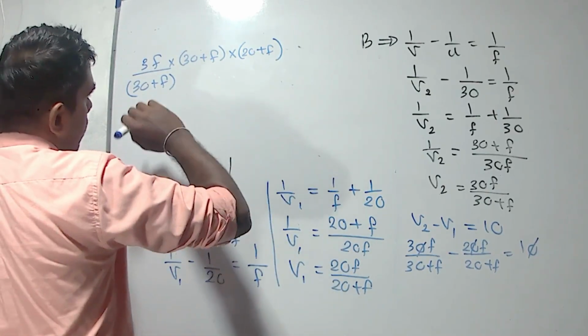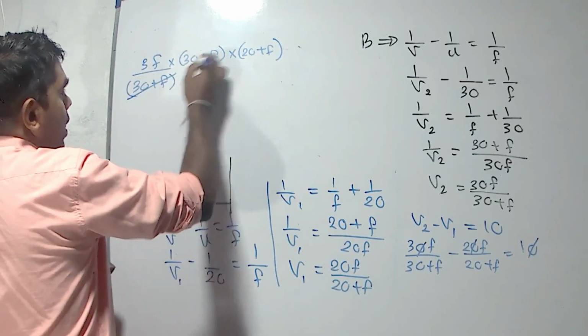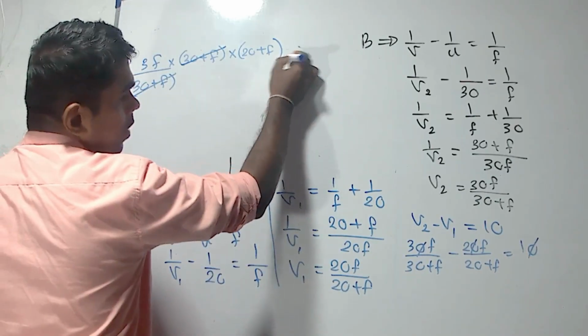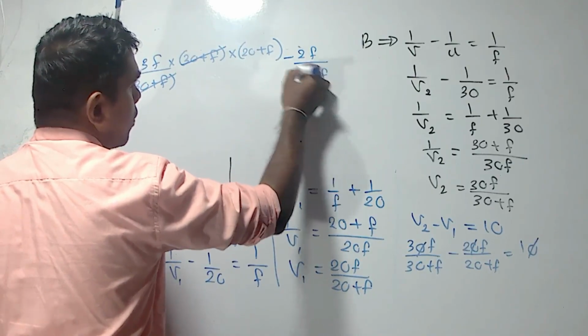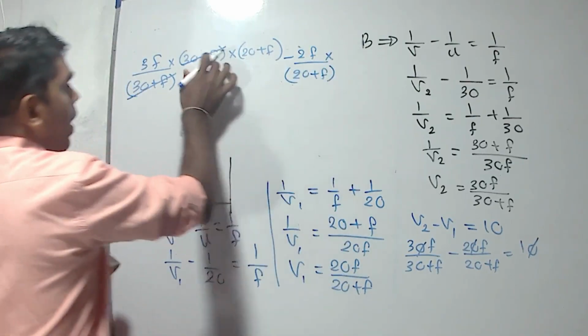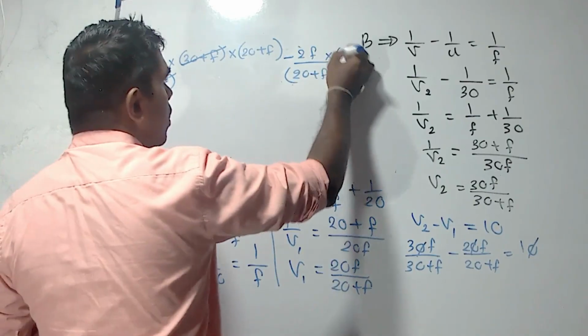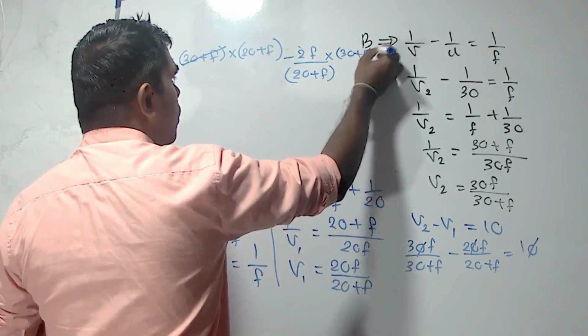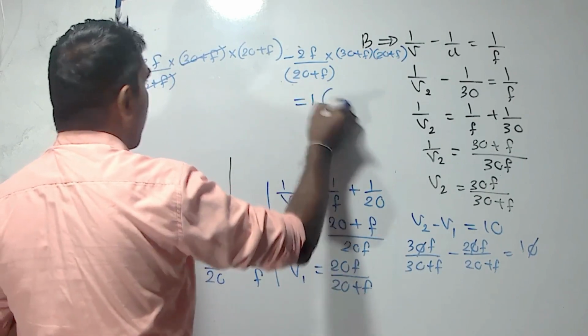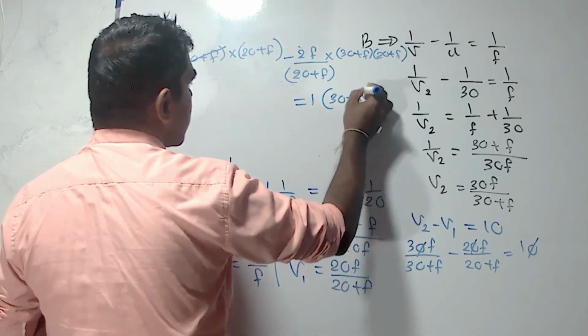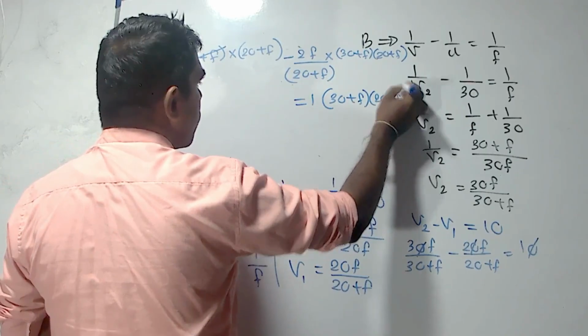Minus, you know that this part and this part are cancelling. Minus 2F divided by 20 plus F. Same thing, we have to multiply by these two terms, 30 plus F into 20 plus F. It should be equal to 1 times 30 plus F into 20 plus F.